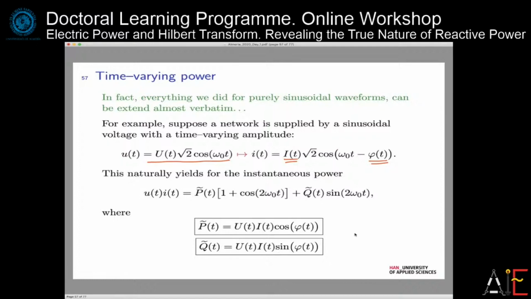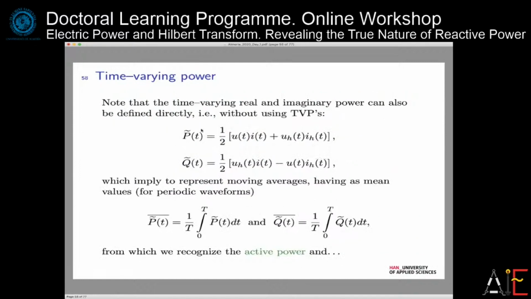That looks very familiar, because in the sinusoidal case, everything just boils down to this again. And Q is this. Okay? So that's included. This is a special case of all that I'm introducing here as a function of time.